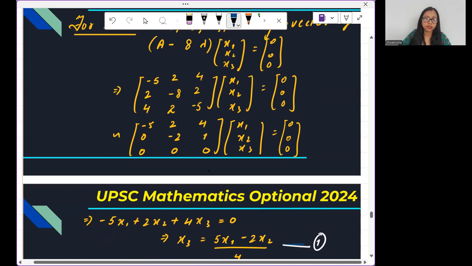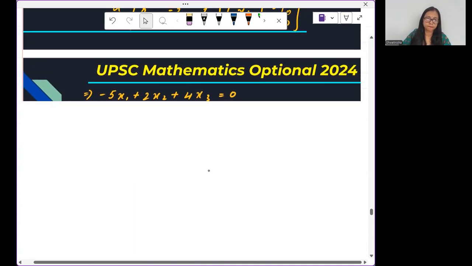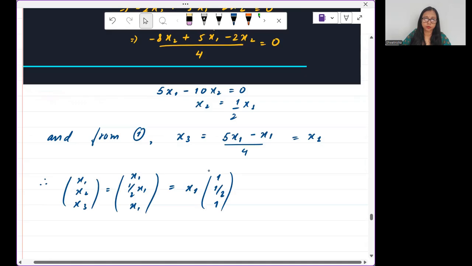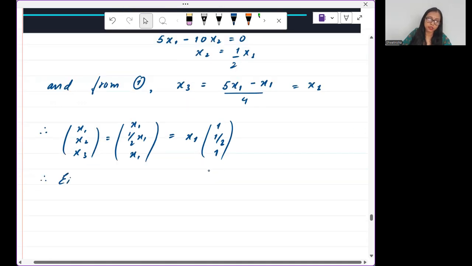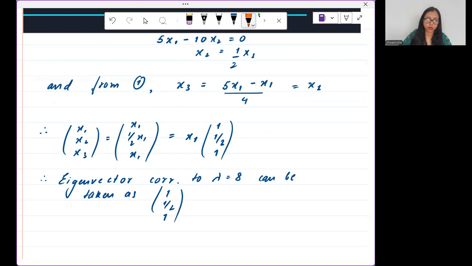Therefore, the eigenvector corresponding to lambda equals 8 can be taken as (1, 1/2, 1). This is the second part.